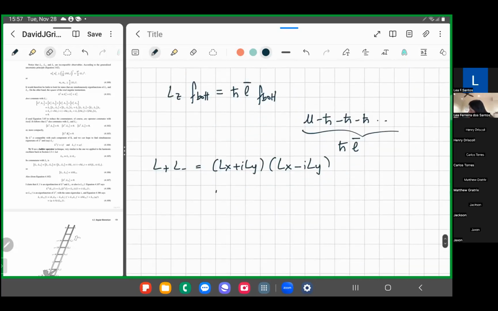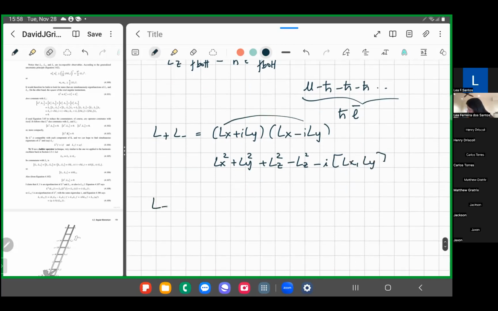Here we'll have Lx squared plus Ly squared. We add the z and we subtract it. And then the cross products, not the x with the y, we have minus i Lx Ly, the commutator. Okay, so with this, we find that this L plus L minus is the L squared minus the Lz squared. And here we have i ħ Lz. I with i is minus, but there is a minus sign, so this becomes plus.